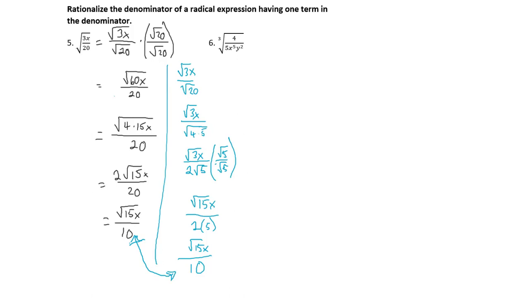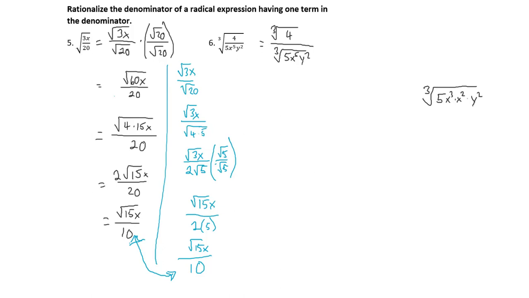All right, let's look at our next example. Okay, so we're going to split this as the cube root of 4 on top and the cube root of 5x to the fifth y squared on bottom. So we need to figure out what I need to turn that into. So I have 5, I have x to the third, x squared, and y squared.